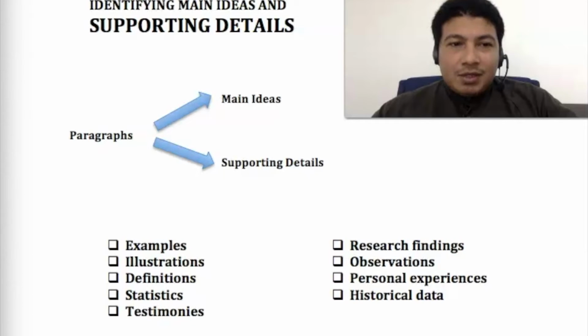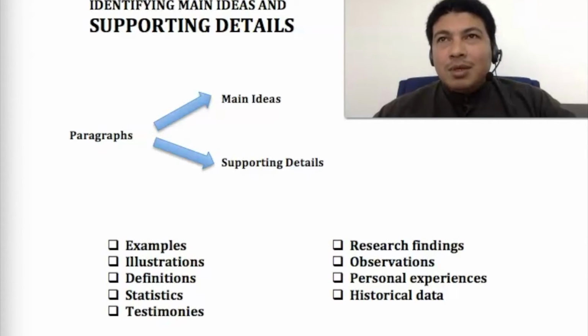Research findings, so it is basically a finding of a research that you get from a journal article. Normally with research findings, you have keywords such as, this study tells us that, the research finding of this study implicates that, or you can also name the researcher.